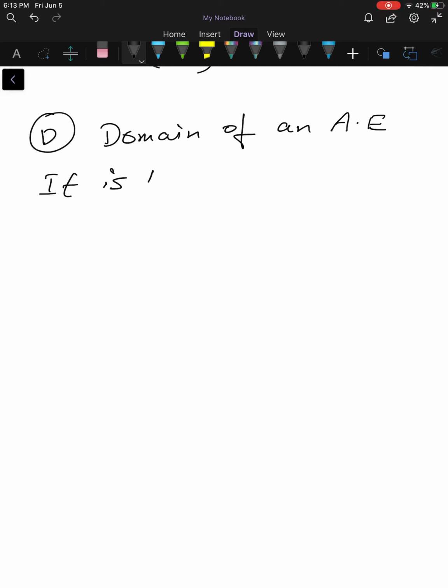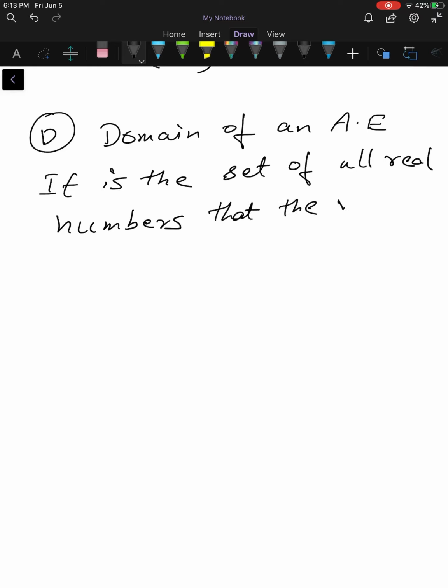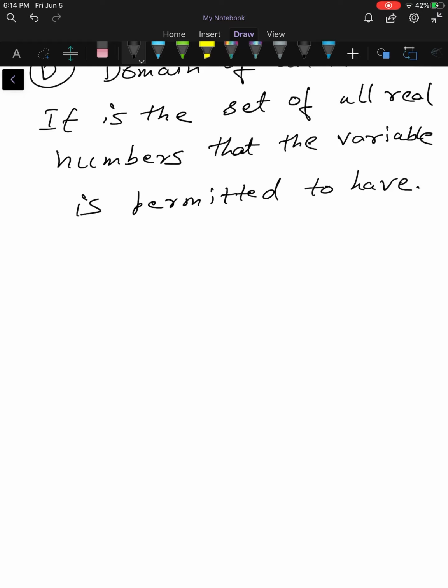It is the set of all real numbers that the variable is permitted to have. So I shall explain this while giving you examples. Before that, I guess you all remember the set builder method that we discussed in the review video. We use that extensively when discussing the domain of an algebraic expression.